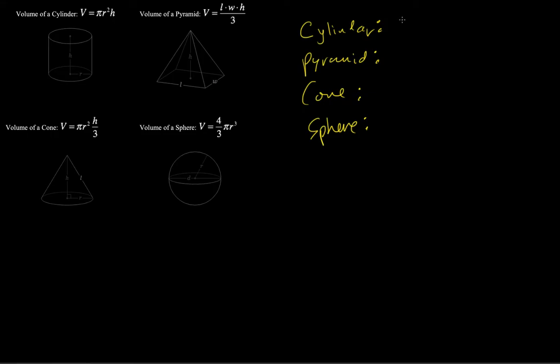So this says that the radius is equal to 4 centimeters, the height is equal to 10 centimeters, and then the pyramid: length is 1 centimeter, width is 2 centimeters, and the height is 4 centimeters.